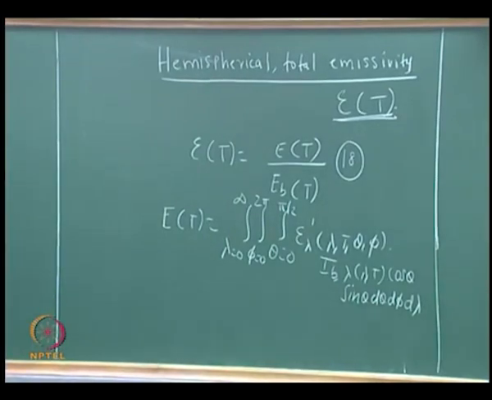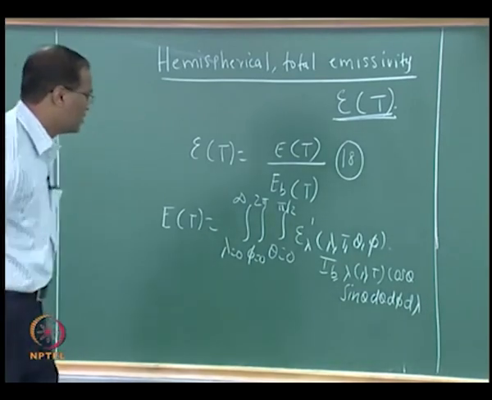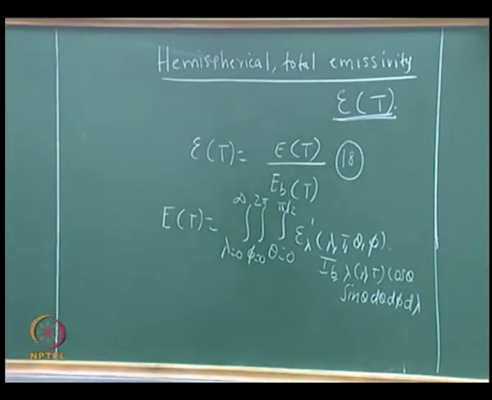Correct. Epsilon lambda dash multiplied by I B lambda into sin theta cos theta d theta d phi d lambda, okay.